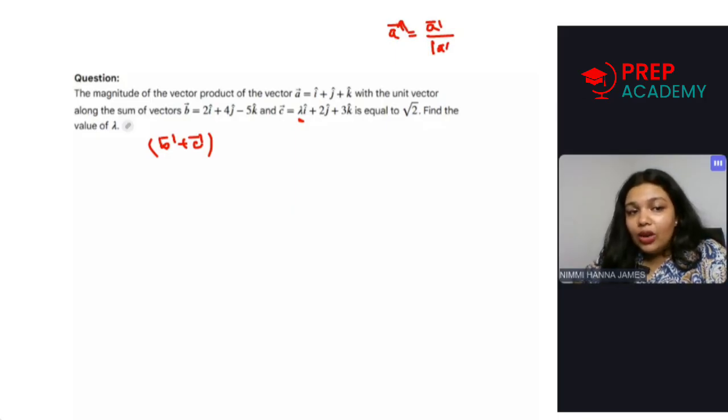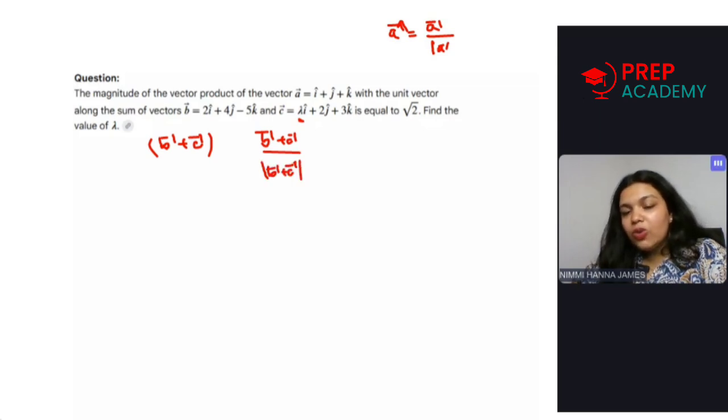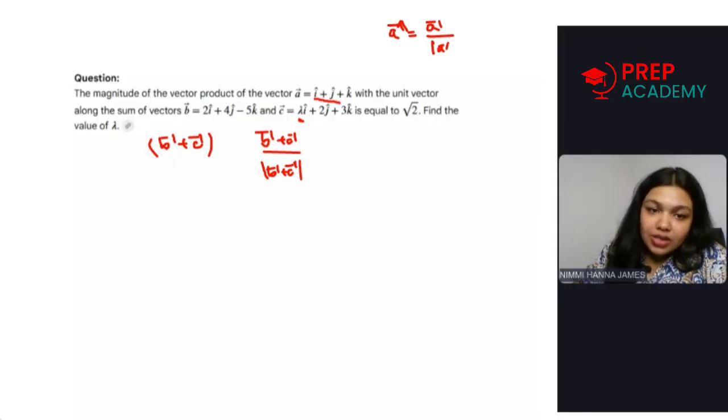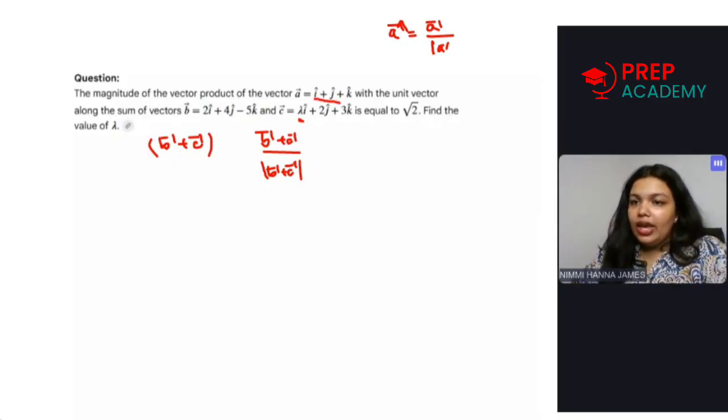So the unit vector along the sum is the sum divided by its modulus. Anything divided by its modulus is the unit vector. Then we take the vector product of A and this unit vector, so we have to find A cross this whole thing. Okay, that's what we want to find.